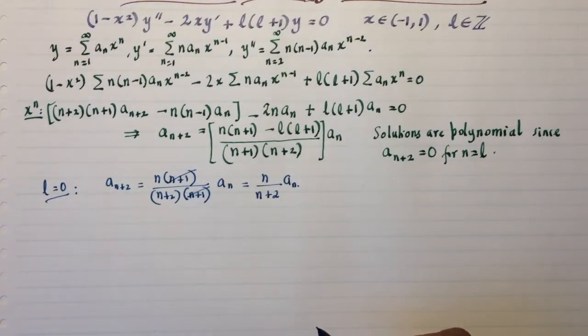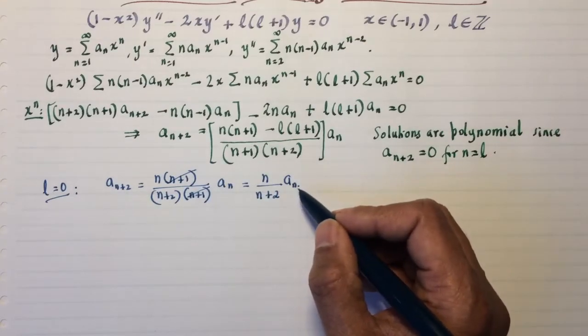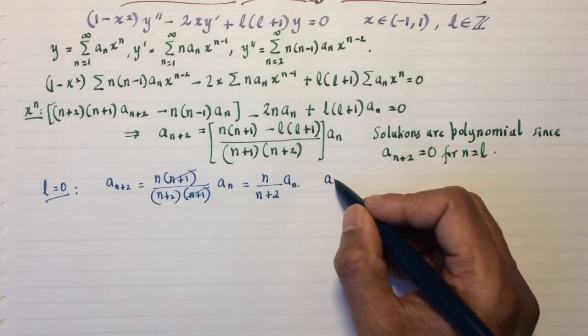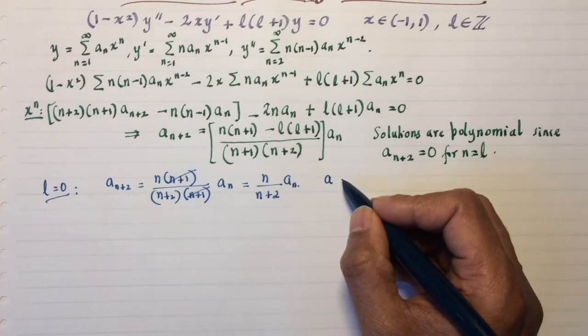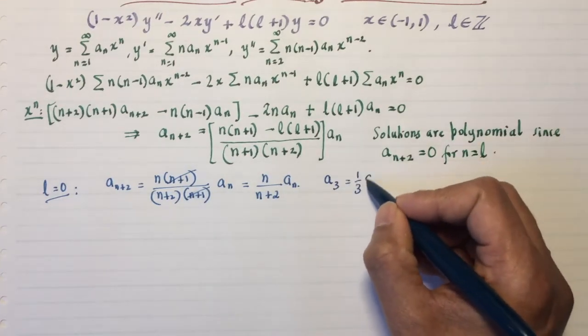So I can, let's say, try the odd series first. If I try the odd series, a1 is the term that's not equal to 0. So I'm going to get a3 equals 1/3 a1.